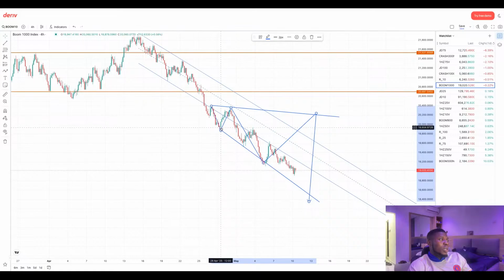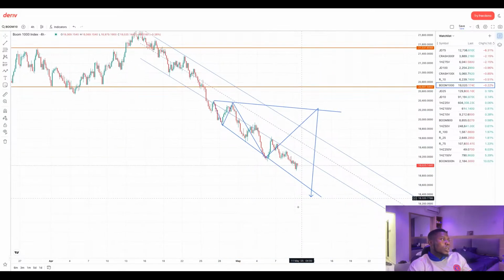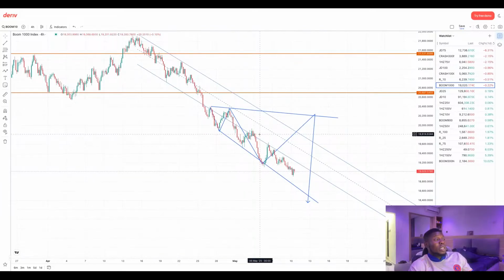Like this swing, like this swing, the third leg will be completed here, and the breakout should be happening around here. But just at this moment, it might retrace back to this resistance, and from this area it can form something else, and you take your shots. So right at this moment, this downtrend is still very active. So you should be looking for your short trades.